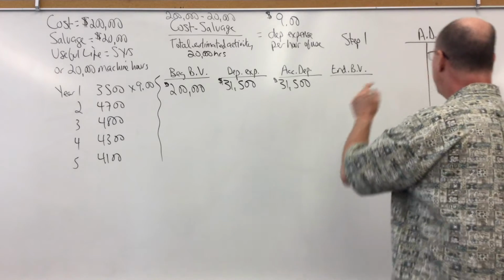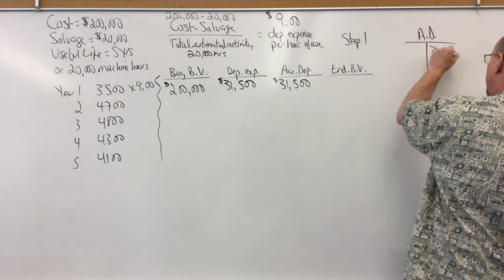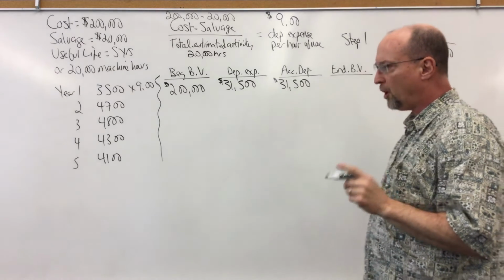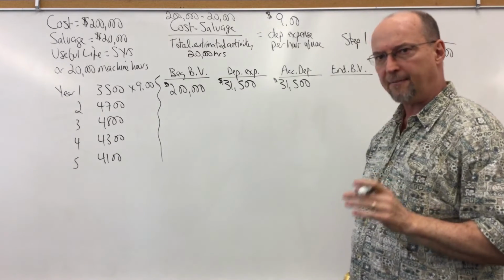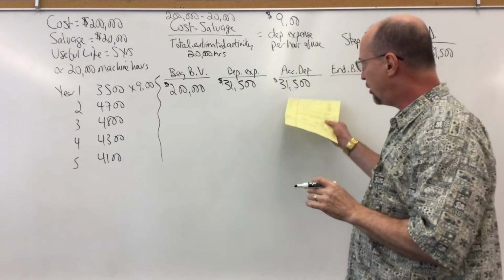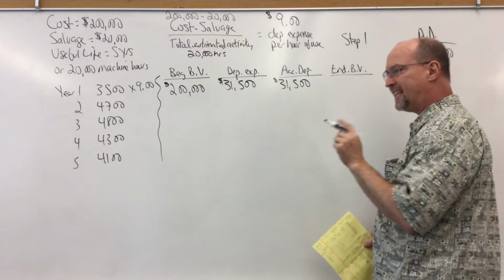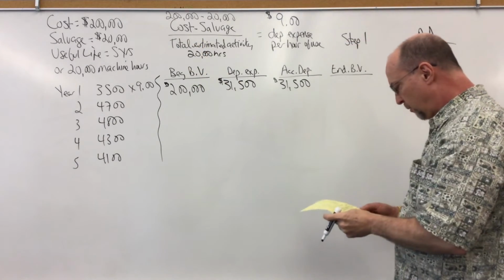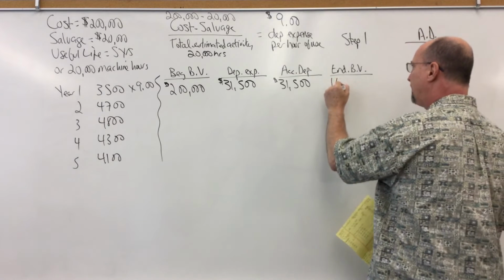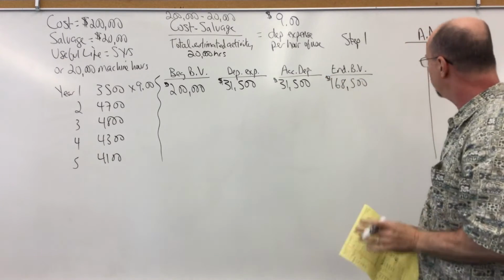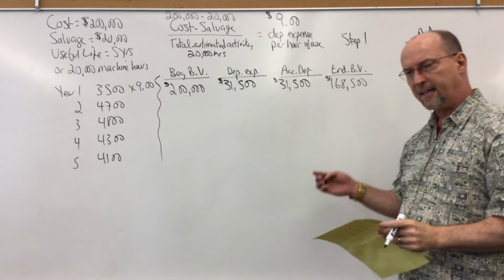Okay, and I'm also going to keep the T account for accumulated depreciation up here so you can see how it accumulates. Now remember, book value, which is the amount we have to show on the balance sheet, is cost minus accumulated depreciation. So at the end of year one, cost of 200 minus accumulated of 31.5, my ending book value is $168,500. Think about it.